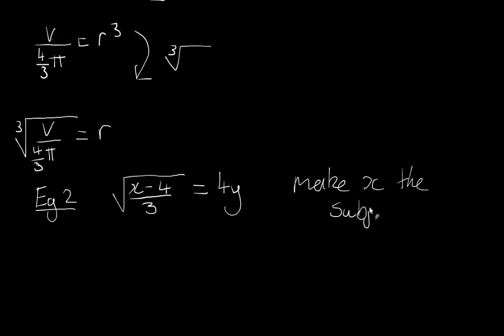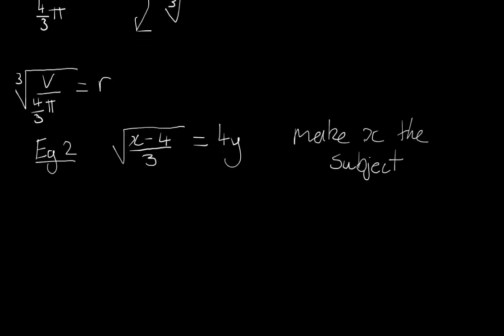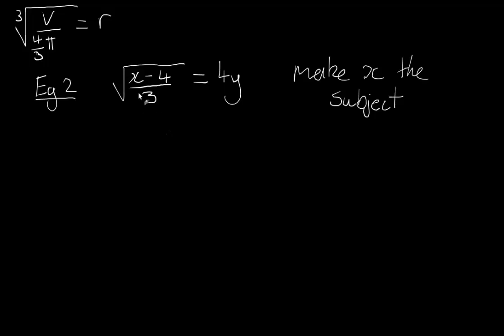Remember that just means we want x on its own. So again, think about, well, if I started with x, what would I have to do? You'd have to minus 4, divide by 3, and then square root your answer. So we're going to do the reverse. What's the opposite of square rooting? The opposite to square root something is to square. So we're just going to square both sides.